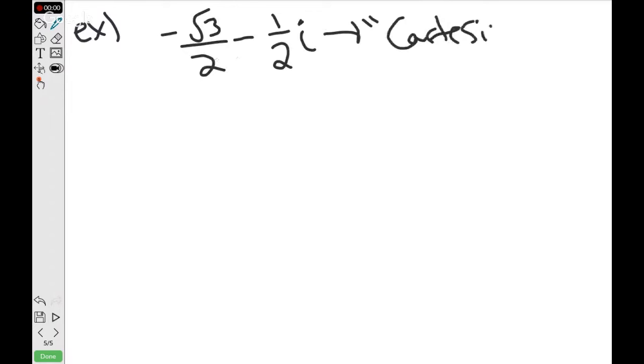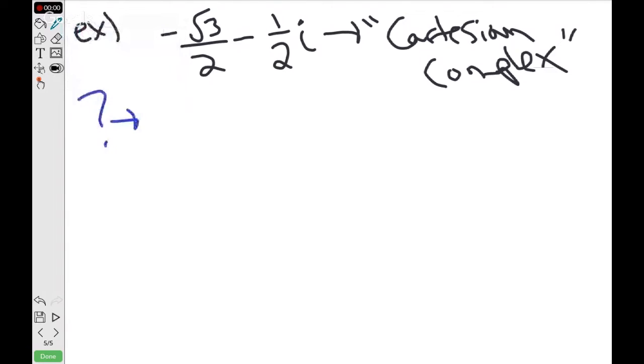First of all, remember that this is called Cartesian complex. Sometimes you'll also see it as rectangular, and a third way, not as often used, is known as standard. So just keep those vocabulary terms in mind. The question is actually similar to the first question, from Cartesian to polar.